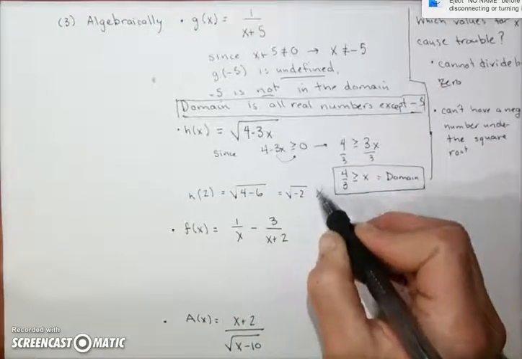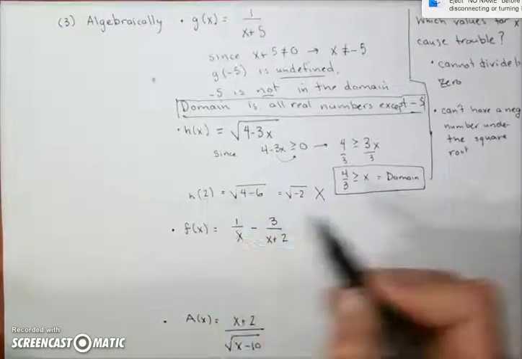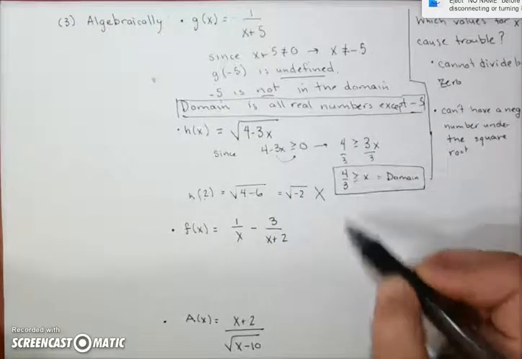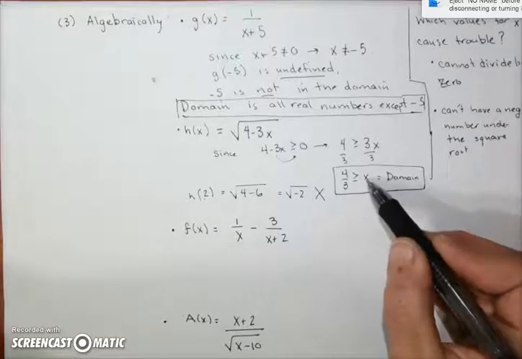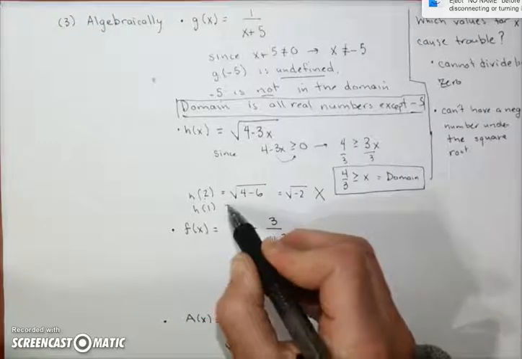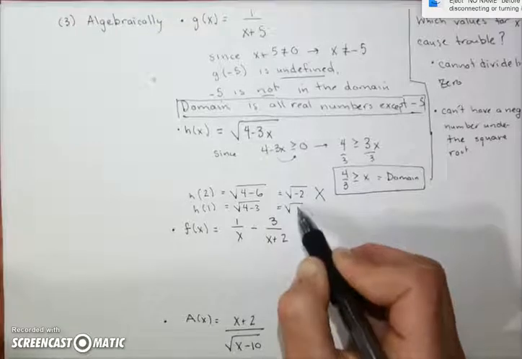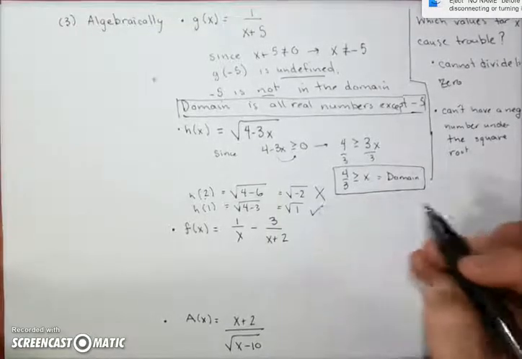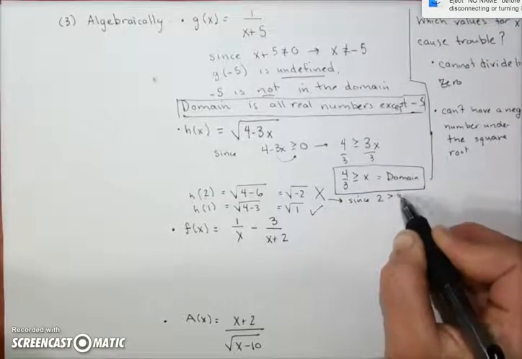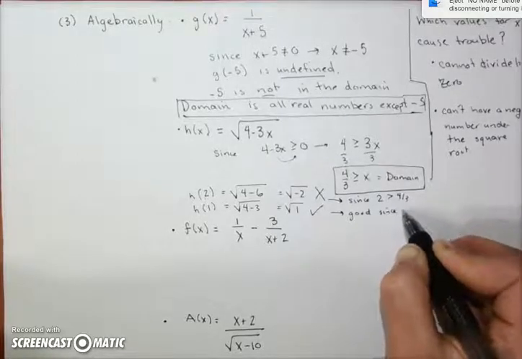So that's bad, because I'd be taking the square root of a negative number. 2 is not in the domain, which we knew because 2 is bigger than 4/3, and our x values need to be smaller than 4/3. But if I take a smaller value, say 1, then I'm doing the square root of 4 minus 3, which is the square root of 1, and that's okay. So this is bad, since 2 is bigger than 4/3, and this is good, since 1 is less than 4/3.